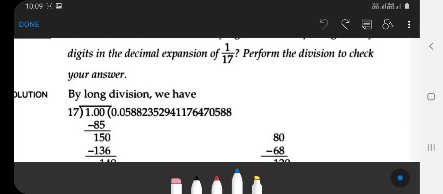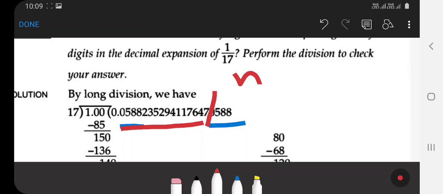Now again it repeats: 0588. So you see that is your answer. Always remember the rule: the maximum length of the repeating block in the decimal expansion of 1 by n is n minus 1.